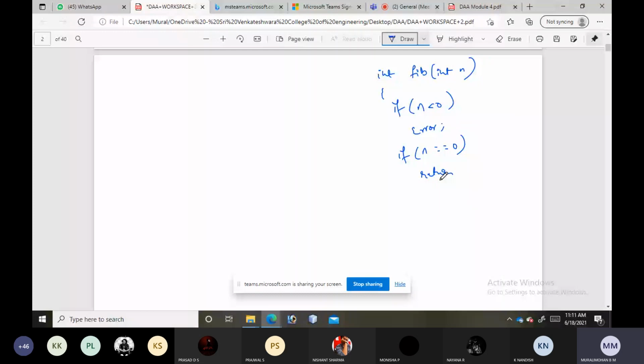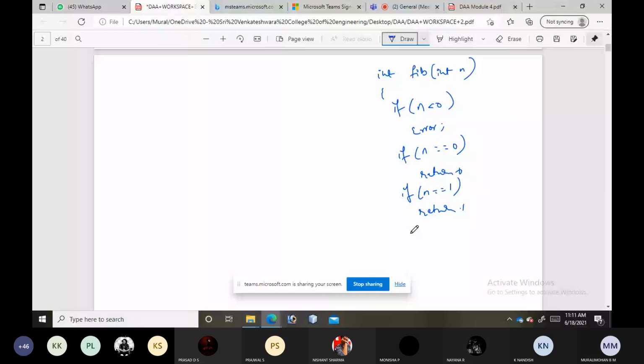If n is equal to 1, we return 1. Else we return fib of n minus 1 plus fib of n minus 2.